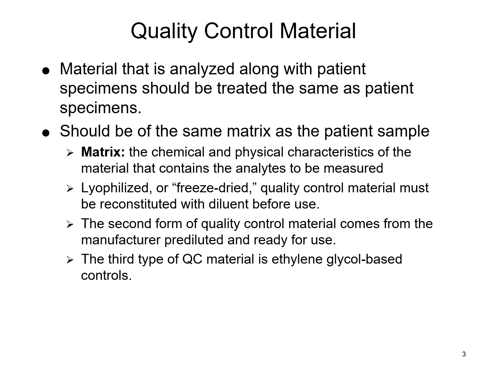When we talk about matrix, this is a term that we use to refer to the chemical and physical characteristics of the material that contains the particular analyte that we're looking for, that we're measuring. So if the measurement of the analyte is in serum, then that quality control base needs to be serum based.